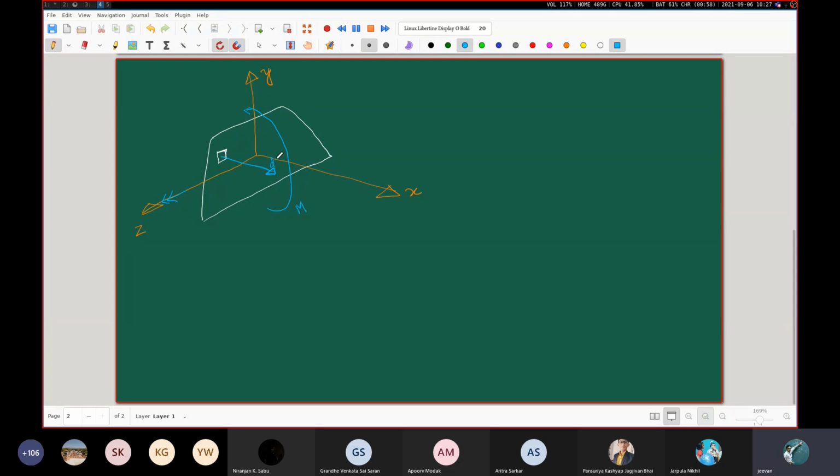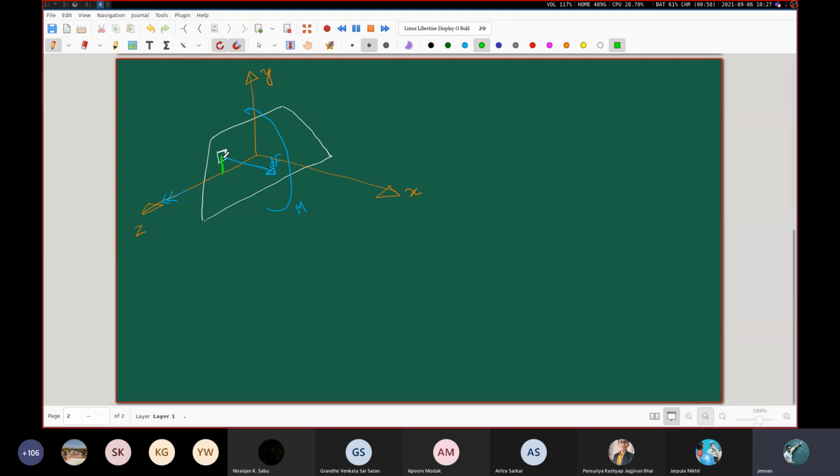Let's call this dF. If I take the moment of this infinitesimal force dF about the z-axis, this is the moment arm. This green colored vertical line that I have drawn is the moment arm.